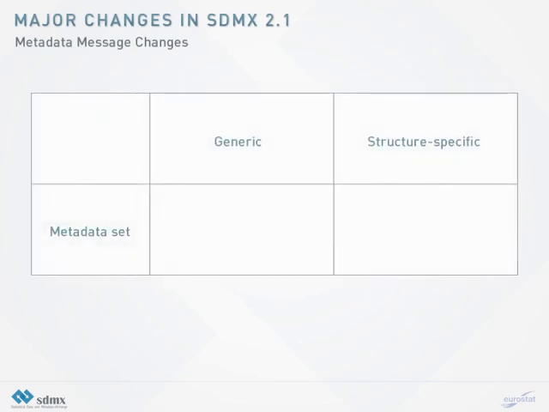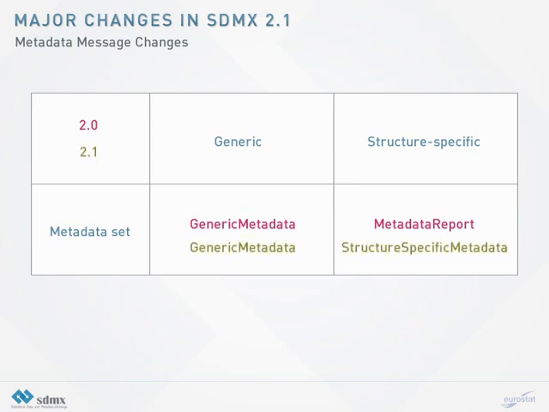Some changes have also been made for the reference metadata messages. The structure-specific metadata set, previously called metadata report, is renamed to structure-specific metadata to be more consistent with the data messages. The XML structures of the generic and structure-specific metadata sets have also been aligned.